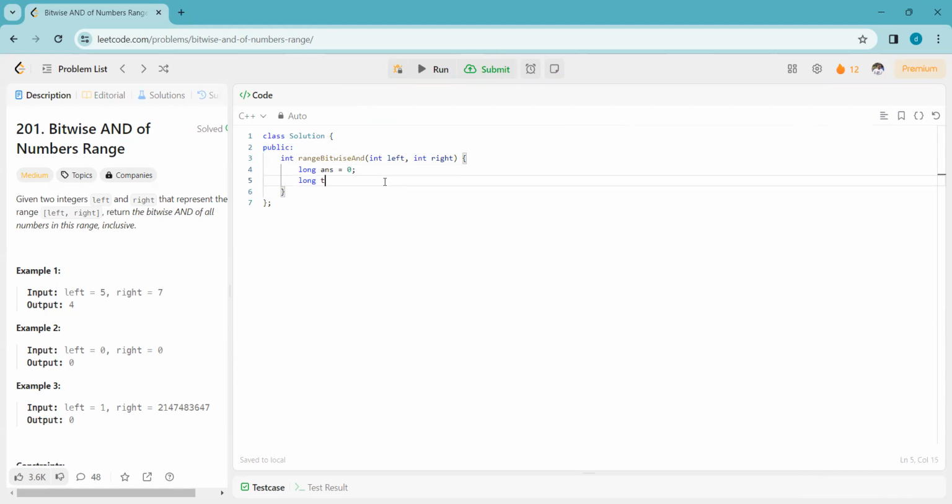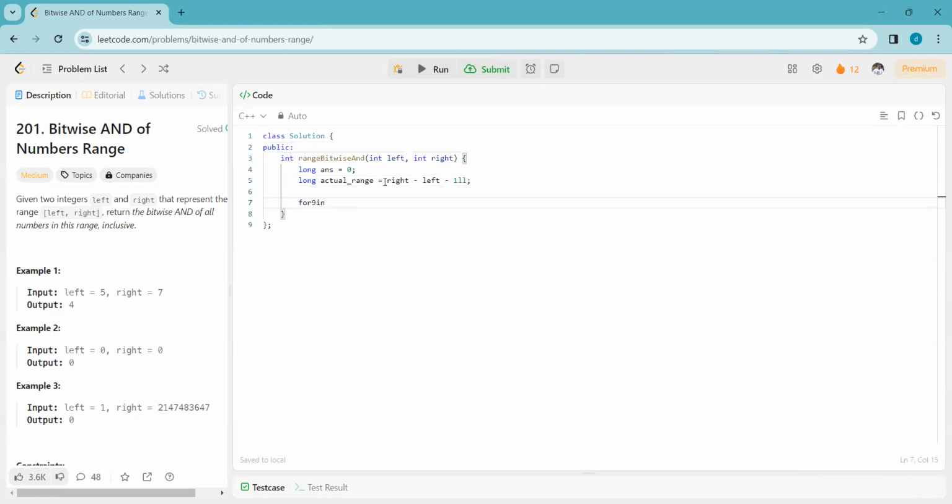Now we will find the actual range of this number. Actual range of this number will be right minus left plus 1. This is the actual range.